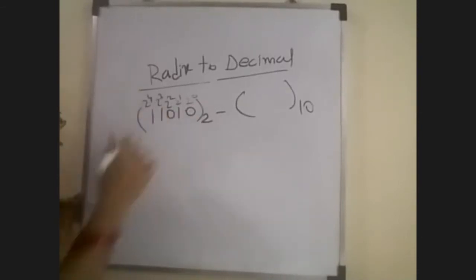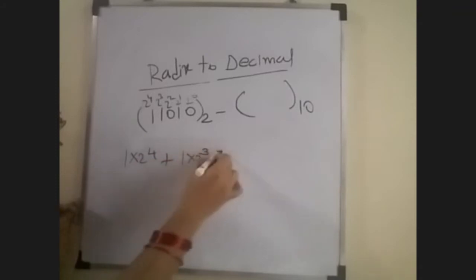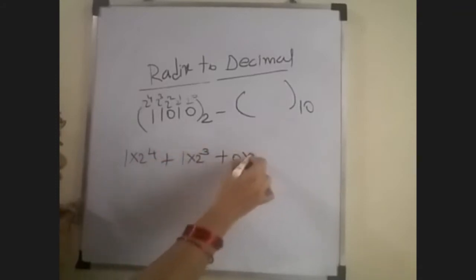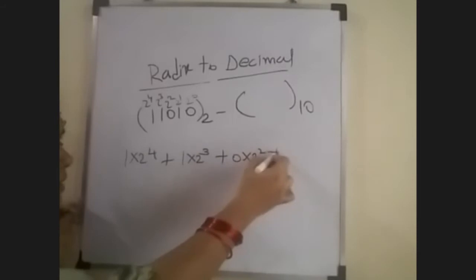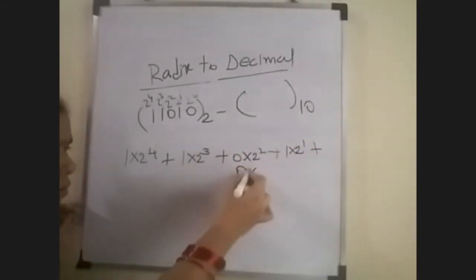Now we write 1 into 2 power 4 plus 1 into 2 power 3 plus 0 into 2 power 2 plus 1 into 2 power 1 plus 0 into 2 power 0.